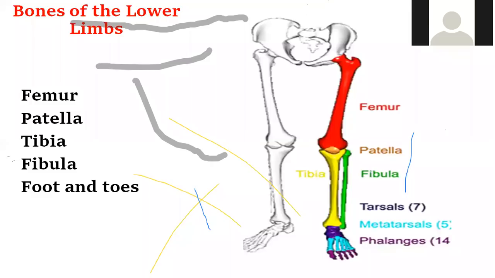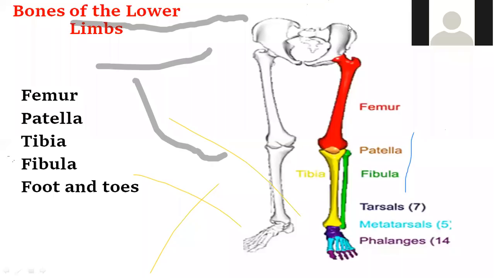From the slides you are viewing on your screen, the bones that form the lower limbs consist of the femur, the bones of the foot, and the toes. You can see that there is an articulation between the pelvic bone and the first part of the bones of the lower limbs, that is the femur.